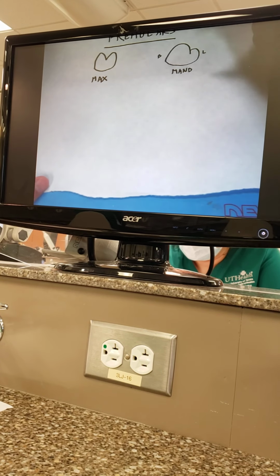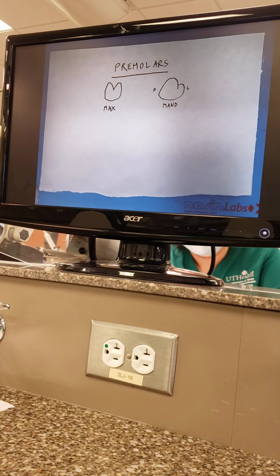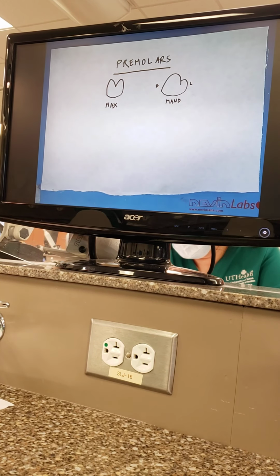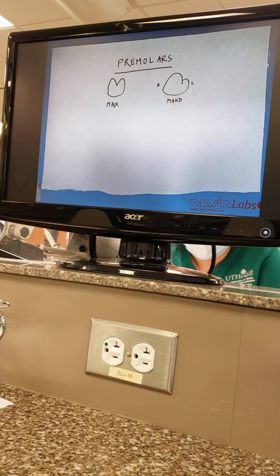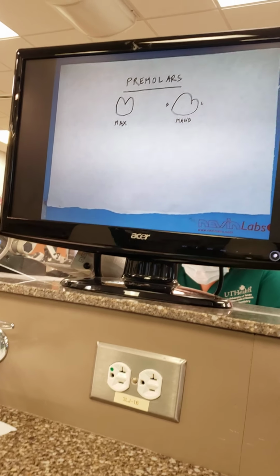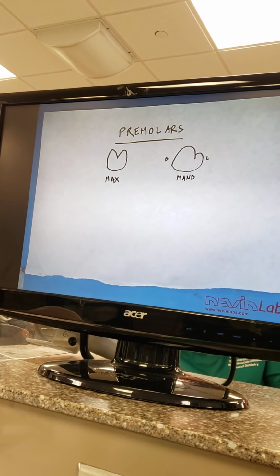So maxillary, you've got these 2 pointy-ish cusps that are, again, one's going to be bigger than the other, but they're going to be kind of similar. With the mandibular, clearly the buccal cusp is bigger. Is that cool? And that goes for first or second of both of those, okay?